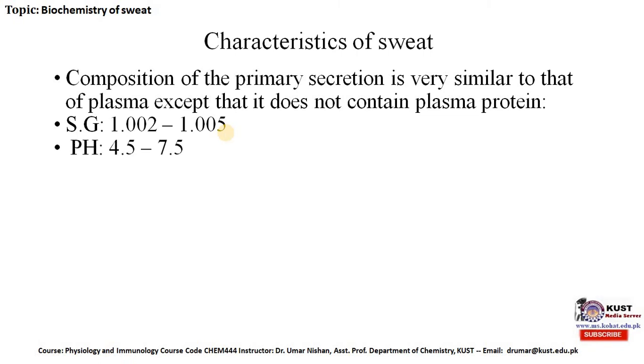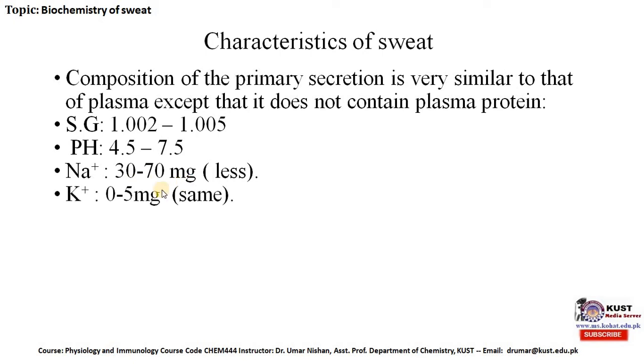The pH of sweat is from 4.5 to 7.5. Sodium ion present in sweat is 30 to 70 milligram. Potassium ion is 0 to 5 milligram.